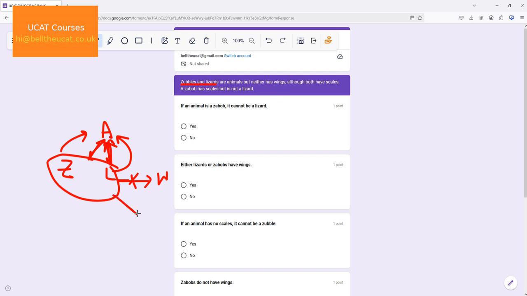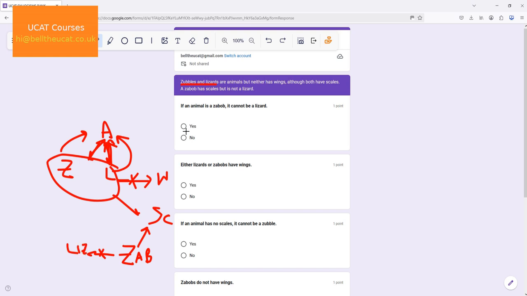Both have got scales. Zaboob has scales is an example. Anytime somebody is an example, Zaboob belongs to scales. The arrow goes towards that. But Zaboob is not a lizard. Agreed.